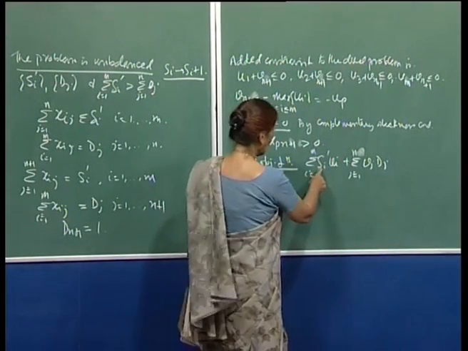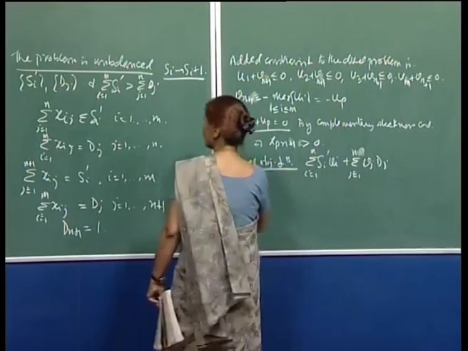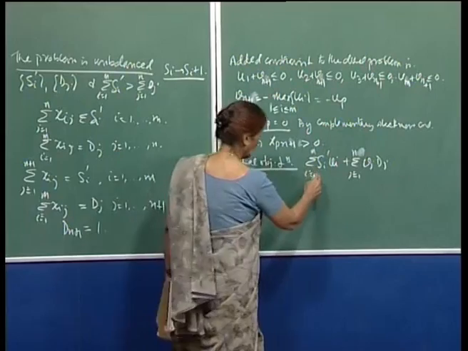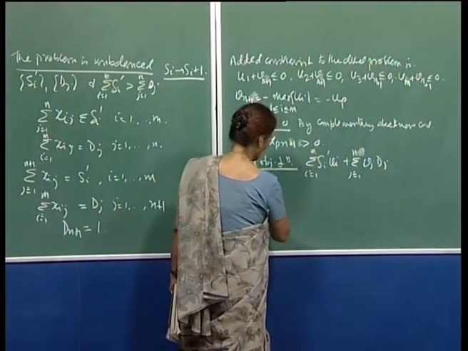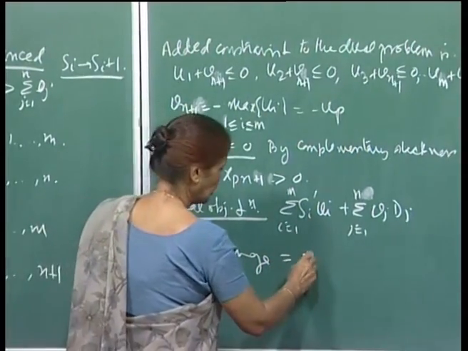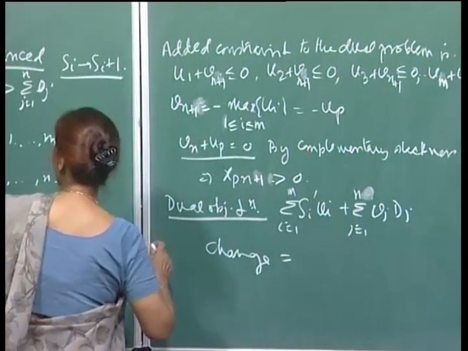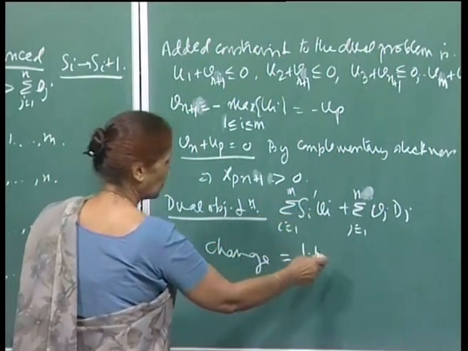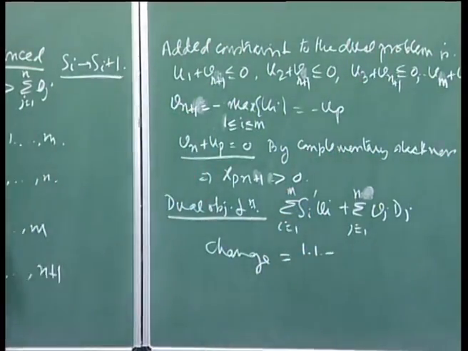So, what is happening is that when we do this, my s_2 went up. That means the change in the cost, so the change in the dual objective function, will be: this was your u_2, which is 1 into 1, because s_2 went up by 1, and this came down by 1.